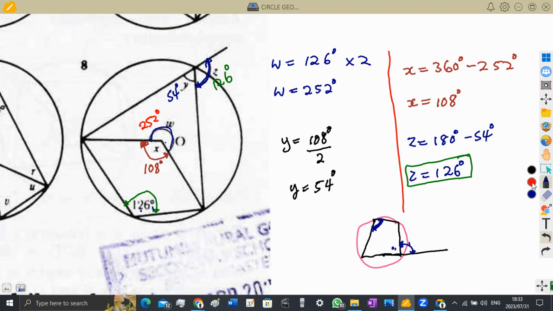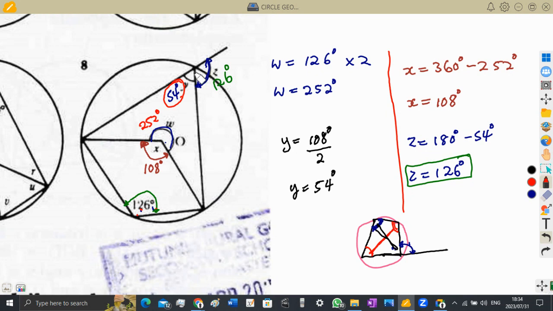Also on a cyclic quadrilateral, we said opposite angles of a cyclic quadrilateral add up to 180. These opposite angles must add up to 180. So if we are using this concept, we can also prove that we could have calculated y from 126, because 126 and y are opposite angles of a cyclic quadrilateral.